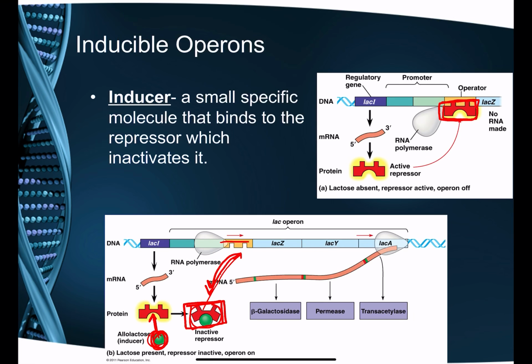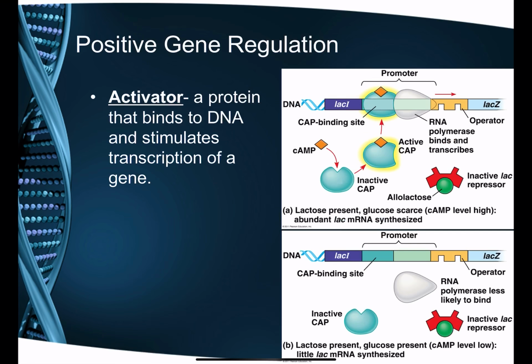When it falls out of the operator, then polymerase can access those genes. When the repressor is in the operator, that's going to block polymerase's action. So a little bit different here with repressible and inducible operons.